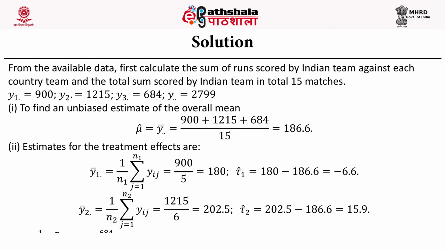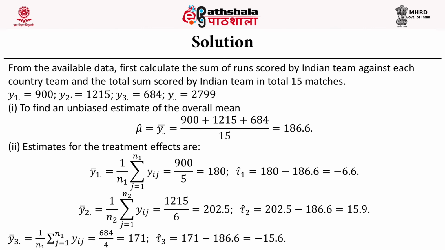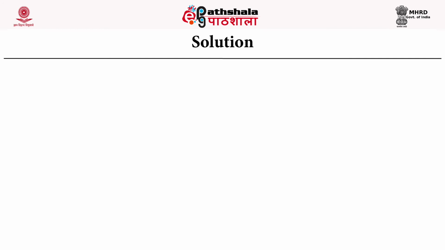After putting the values in the formula, you get 180, and tau 1 hat is 180 minus 186.6, which is equal to minus 6.6. Similarly, the values for the other parameters are 15.9 and minus 15.6.